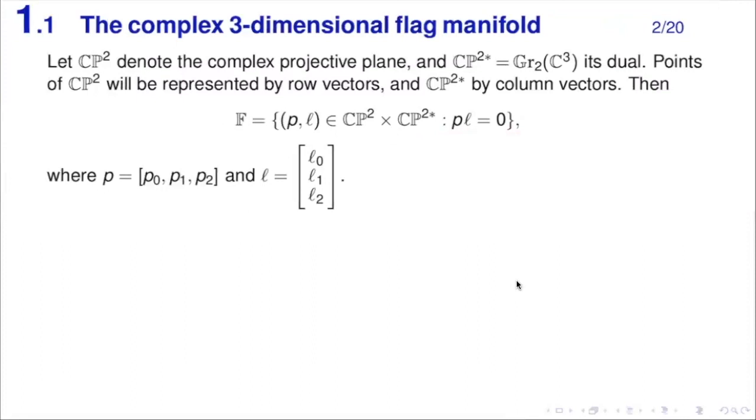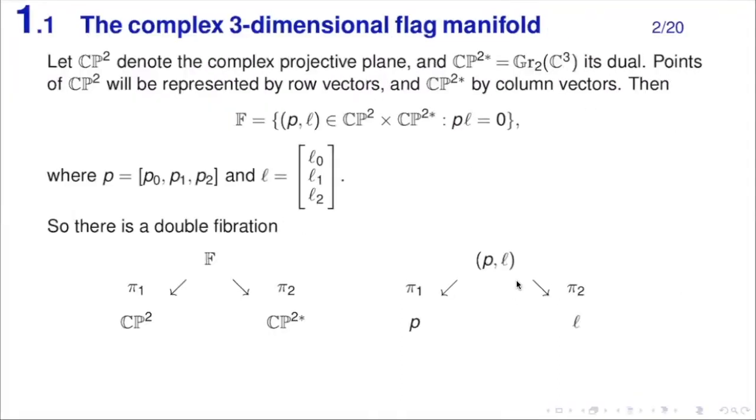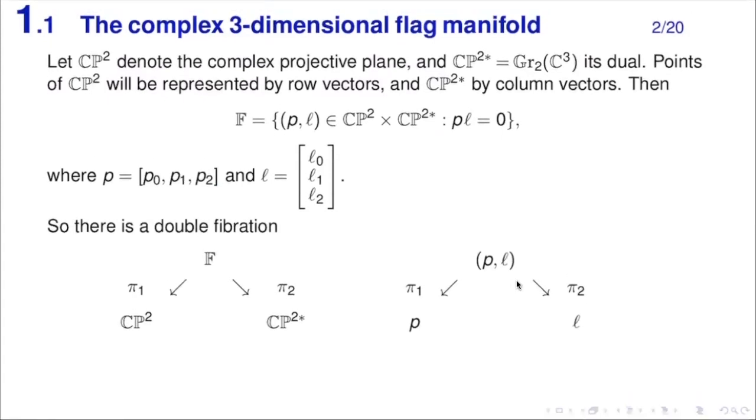That setup corresponds to having a double fibration. You have to be a bit patient with me to begin with while I get used to the new setup. So I'm defining the flag manifold as a subset of CP2, strictly speaking, times its dual.